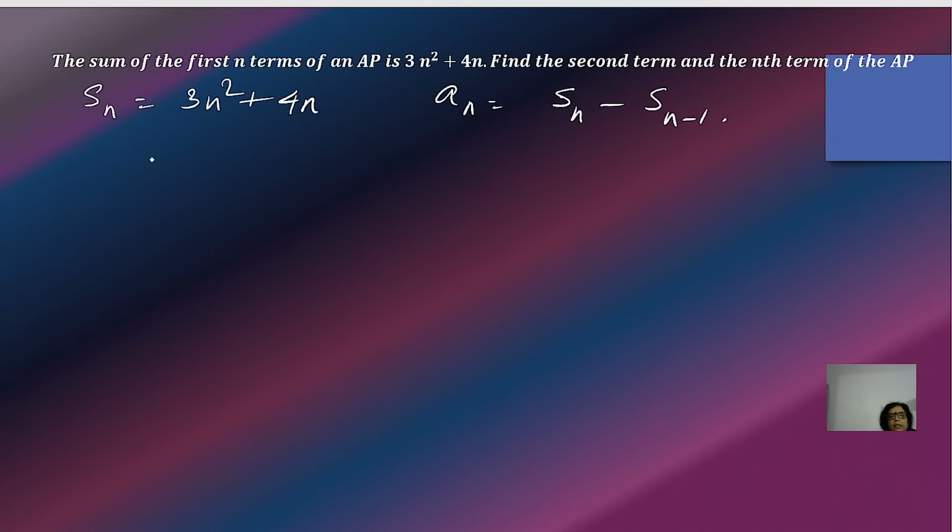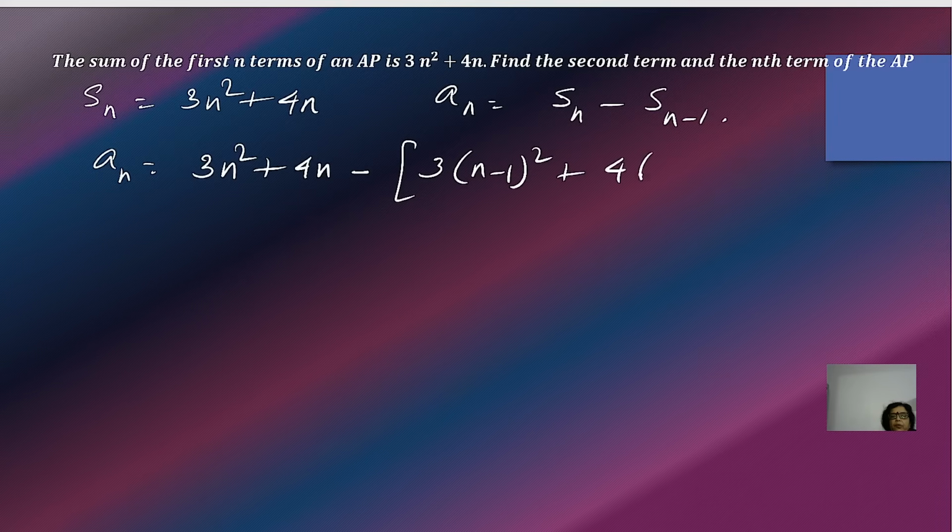So if we take the a_n value, it will be 3n squared plus 4n, and the term preceding this will be 3 into (n minus 1) the whole squared plus 4 into (n minus 1). Wherever there is n, we'll put n minus 1. It is the term preceding the nth term.